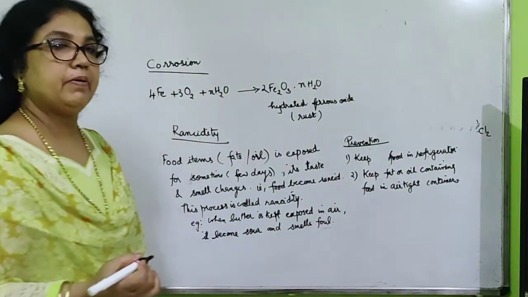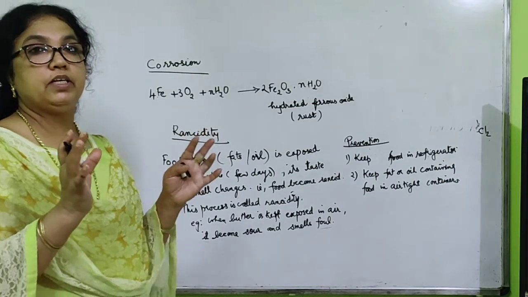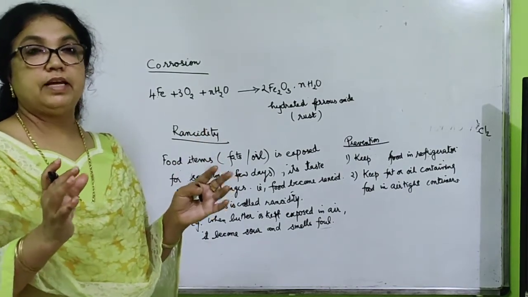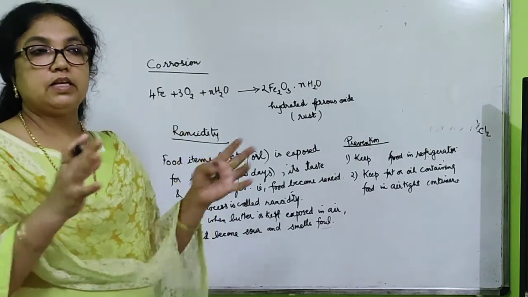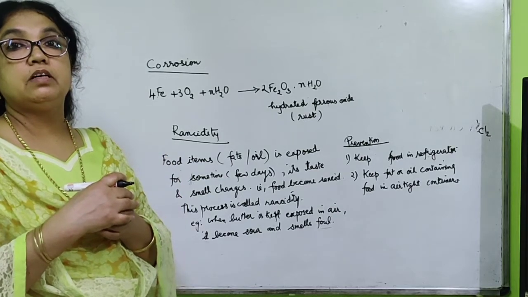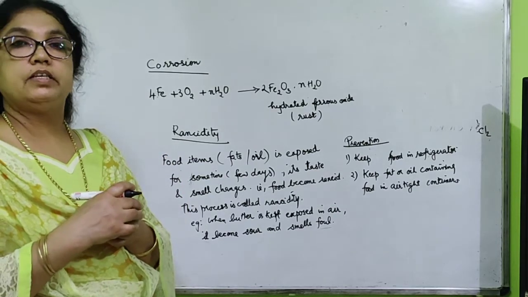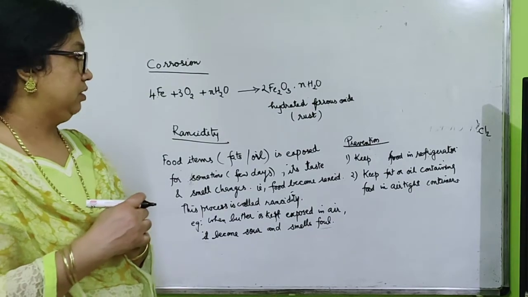Another one we have seen is that the chips cover is puffed up. That puffing is with nitrogen gas. Nitrogen gas is an inert gas, so that will prevent oxidation.